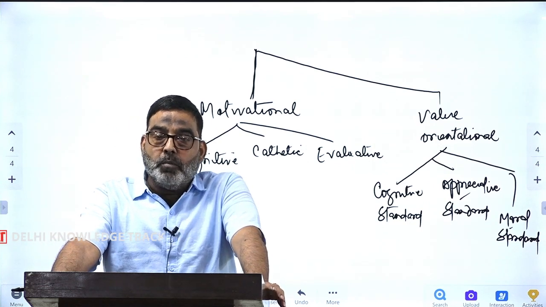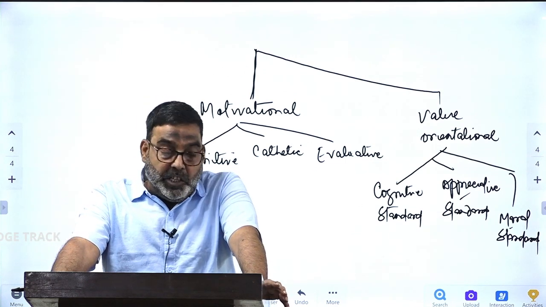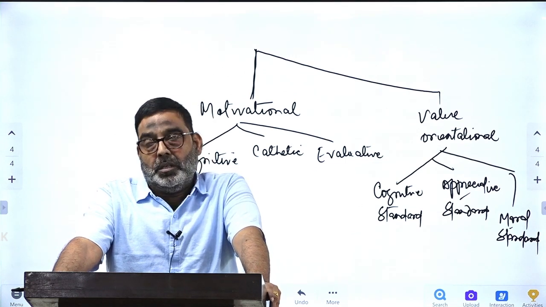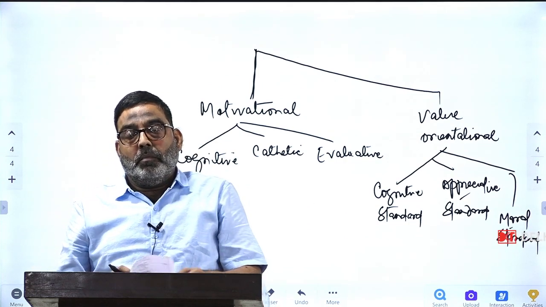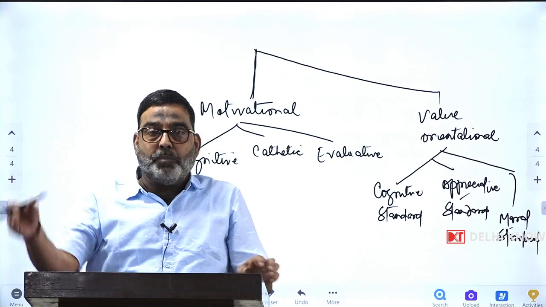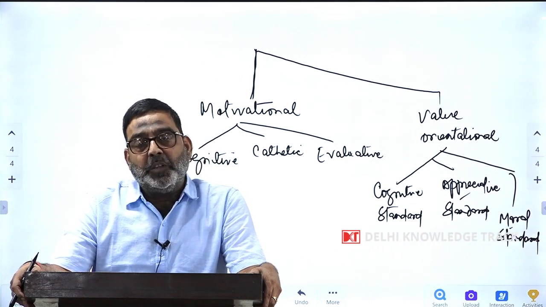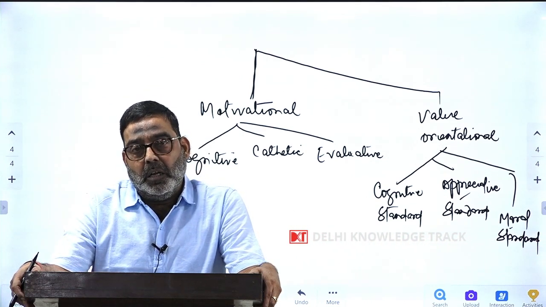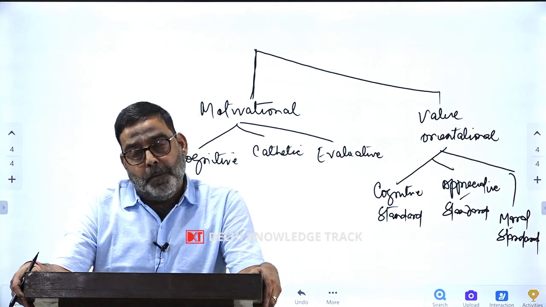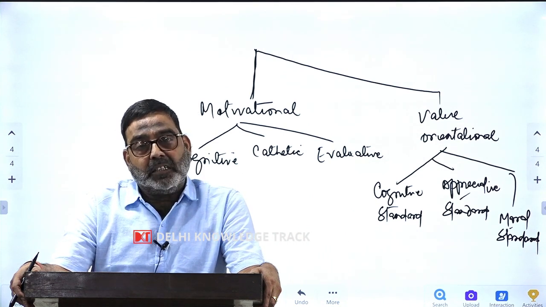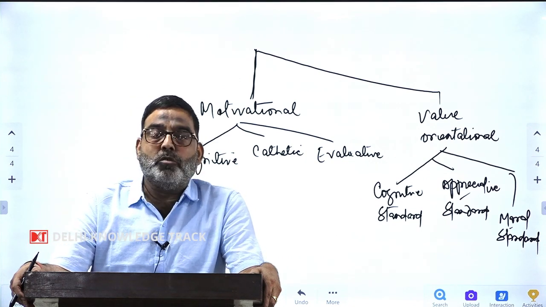It means two or more actors, in which every actor is a goal seeker. In the process of that goal seeking, they are confronted with situational constraints, and these situational constraints are both ecological and societal. And the actor's orientation to the situation is both motivational and value orientational.